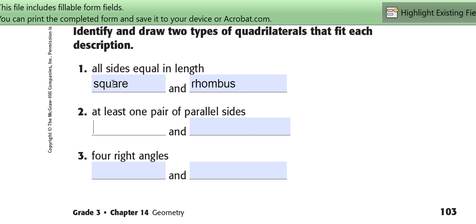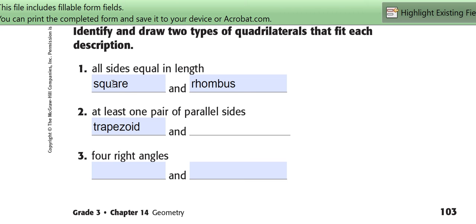Now, at least 1 pair of parallel sides it has. At least 1 pair. A trapezoid. At least 1. Okay. What else? It could have more. A rectangle. What else? A rhombus. Parallelogram. Okay. Well, not a quadrilateral because we don't know what it looks like.